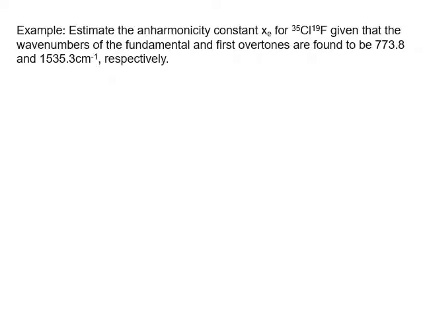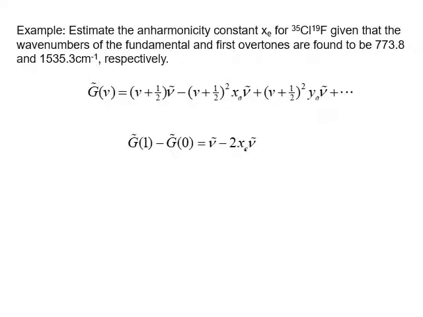Estimate the anharmonicity constant xe for chlorine fluoride. The fundamental and the overtone absorption frequencies in terms of wave numbers are found to be 773.8 and 1535.3 inverse centimeter. In the last slides, we already showed the allowed transition in terms of wave number is this equation, and in theory, we can predict the fundamental transition with this equation, which includes the natural frequency and the anharmonicity constant.